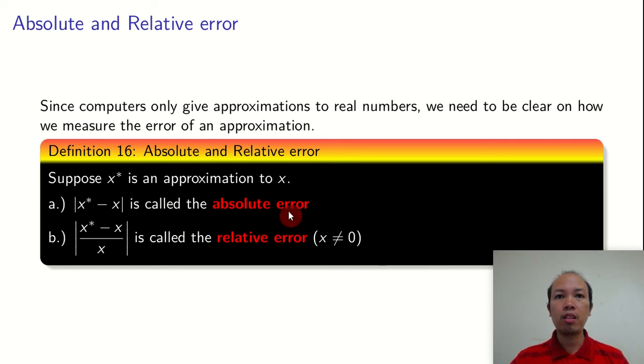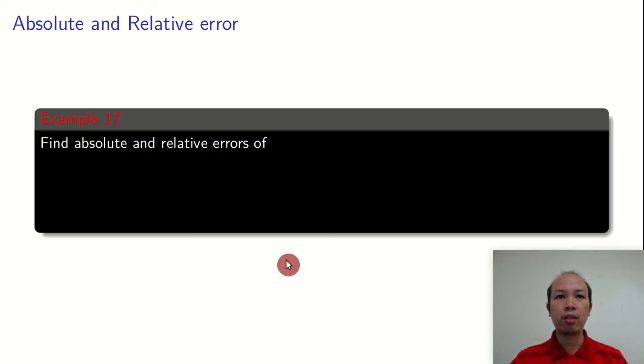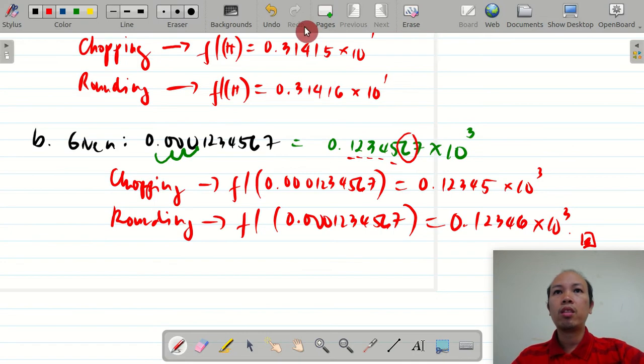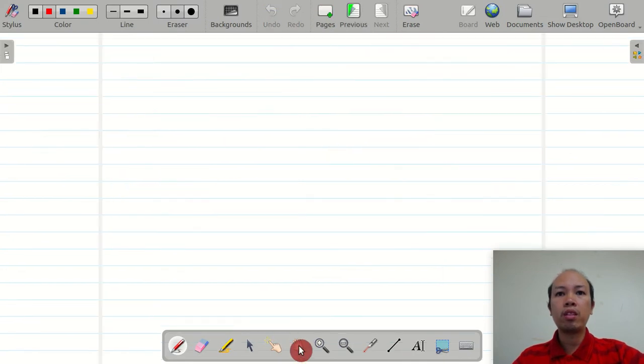So this is the definition of absolute and relative error. So let's have an example: find the absolute and relative errors of letter A. Let's open a new page.